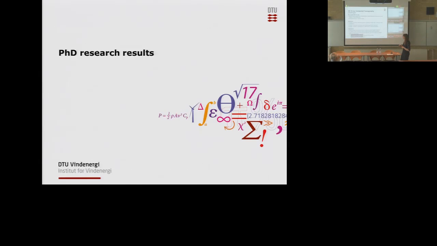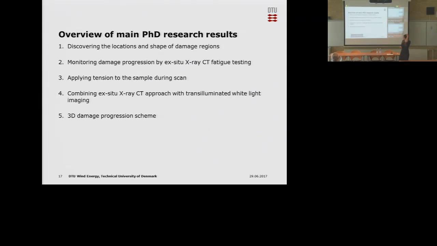So now I'll get into my own PhD results. First, I'll just list how I'll go through them. First, I will go into an initial study discovering where the damage initiates and how it looks, so the shape of the damage region. Then I will go into monitoring the damage progress by the established ex situ X-ray CT fatigue testing method.